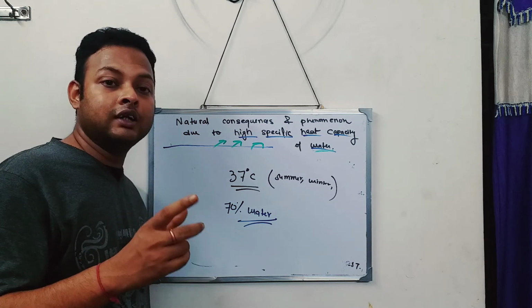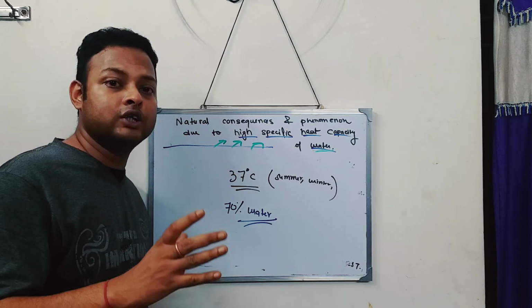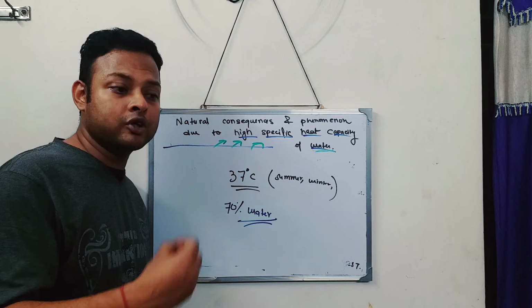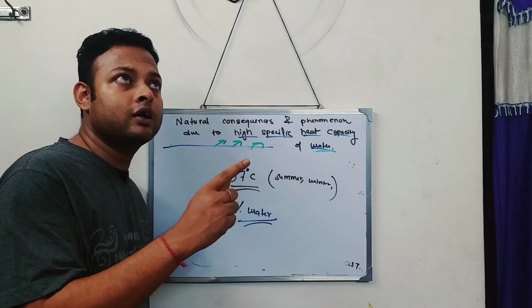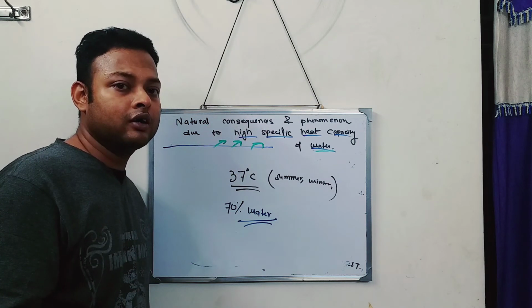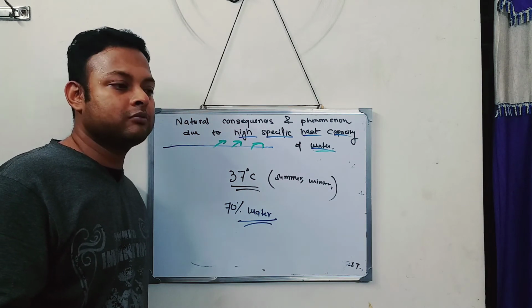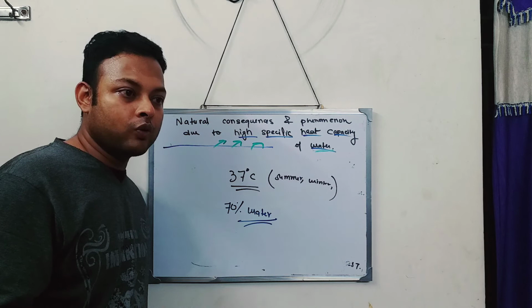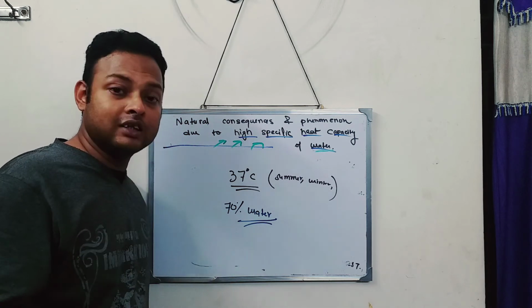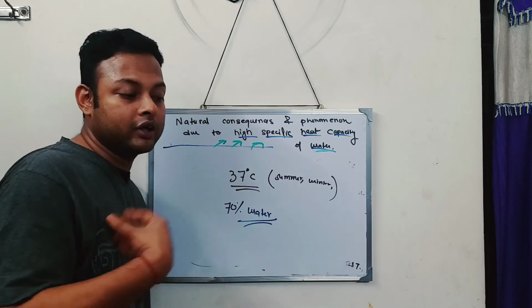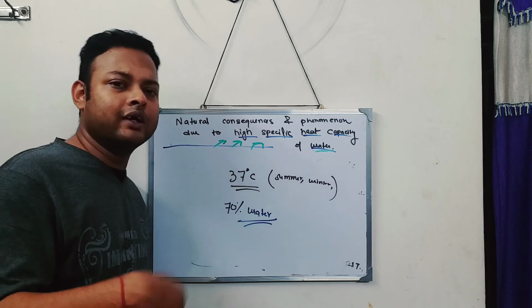So 1 kg absorbs 4200. So 42 kg of water will absorb how much heat? 4200 into 40, about 4 twos are 8, 16800. So 16,800 joules of heat that the body water has to absorb, and that will take a lot of time.